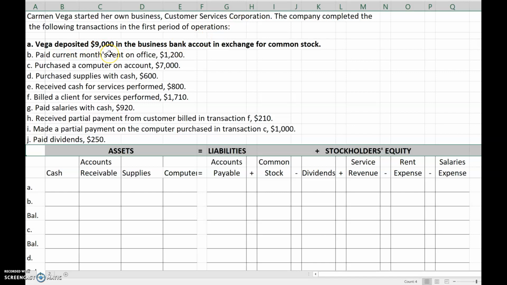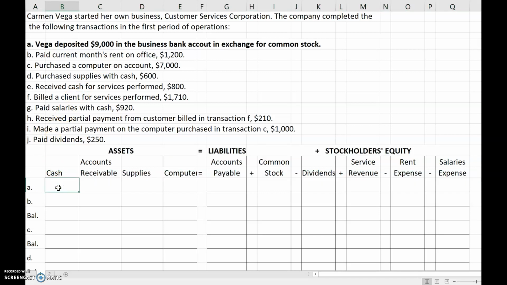So she deposited $9,000 to start the business and she got shares of stock. So we are doing the accounting for Customer Service Corporation. We are getting the $9,000. We are issuing the shares of stock. So we're getting $9,000. Our asset, cash, is going up. Stockholders' equity, the common stock, also goes up in that transaction.